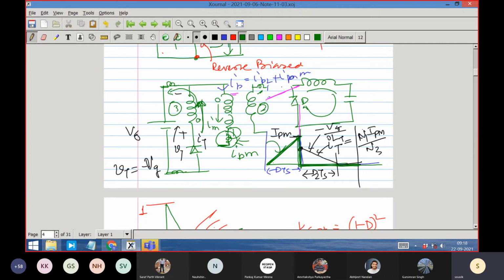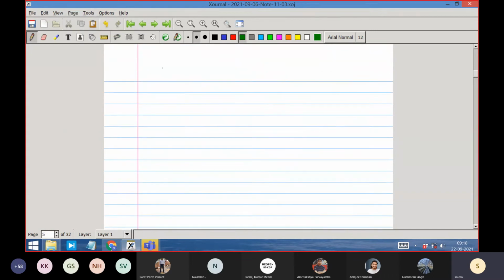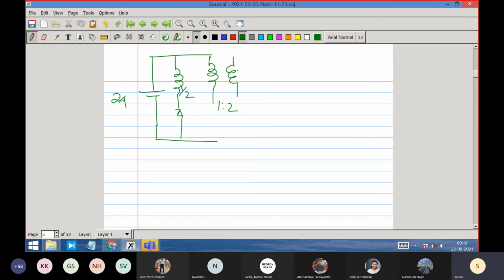Right. So let's take one quick example with numbers. Let us quickly do one. Let me do the same thing. 24 volt. Let us do 1:2, this is 0.5, half.